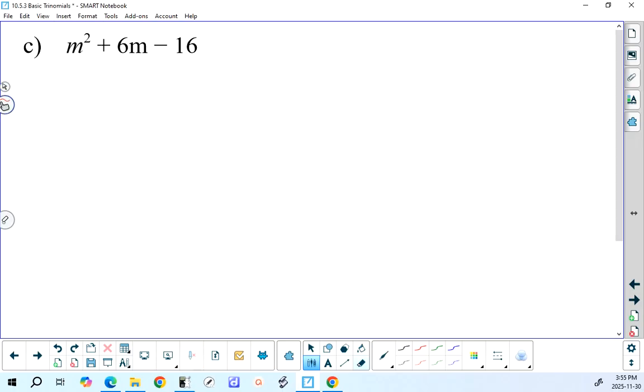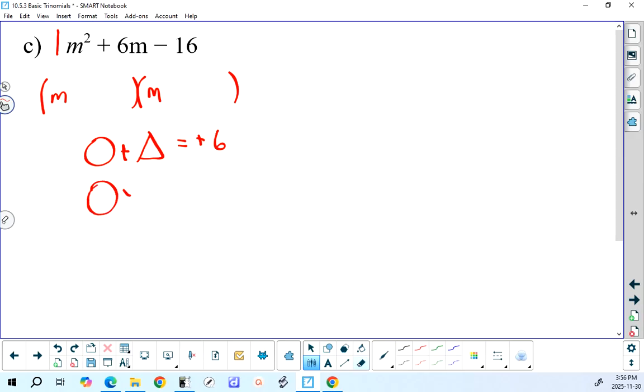All right, so the leading coefficient of the first term is 1, which means this qualifies for our little multiplication and addition trick. What I am looking for are two numbers that add to give positive 6, and the same two numbers have to multiply to give negative 16.